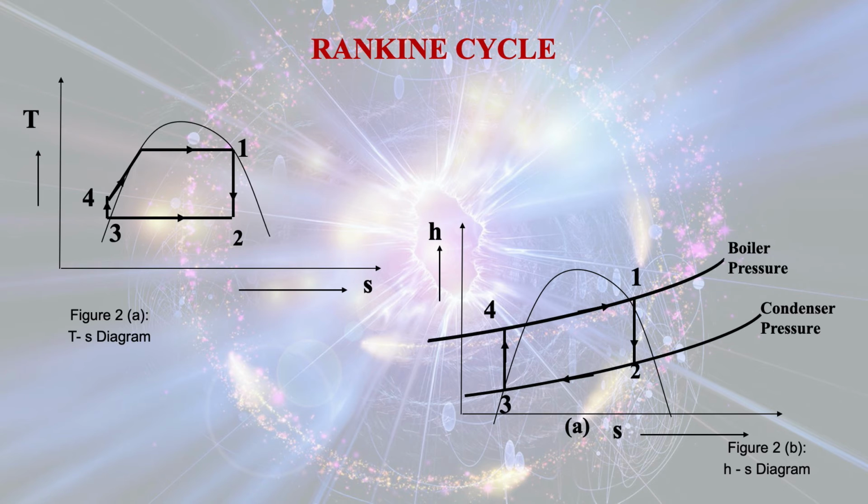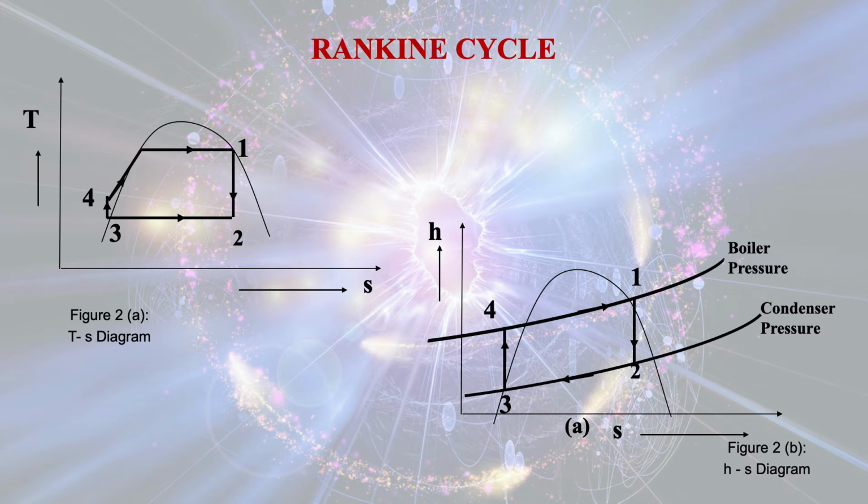Now for this case we have drawn the temperature entropy diagram and enthalpy entropy diagrams. So from this figure you see that point 1 is the entry point of the fluid which is in high pressure and high temperature state entering in the turbine, and point 2 is the exit point from the turbine.